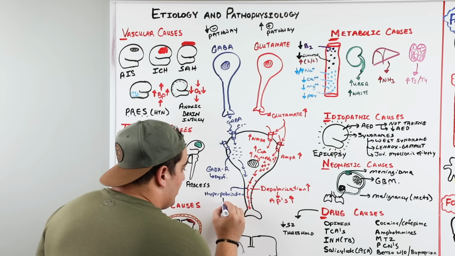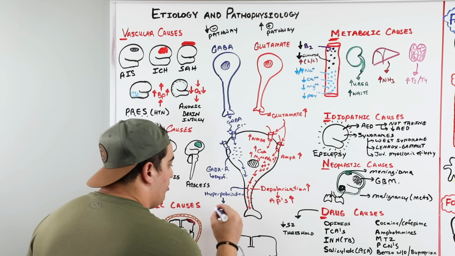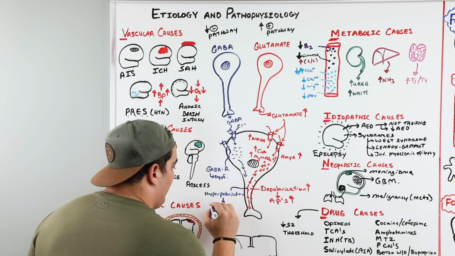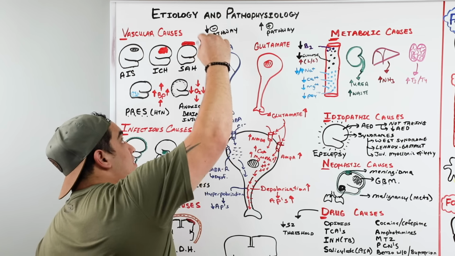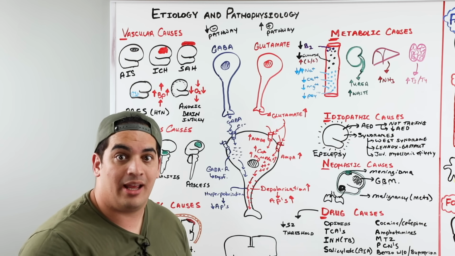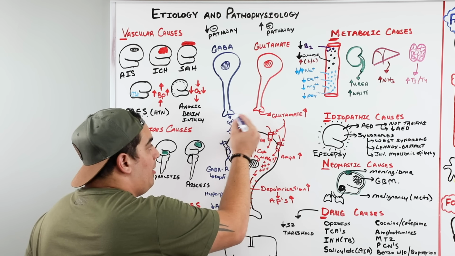Then if you have hyperpolarization, you make the inside of the cell negative, and it's unlikely that action potentials will be triggered. So you'll have decreased action potentials, right? Now, think about this. If there's a decrease in the GABA pathway, or that inhibitory pathway, even though GABA may be present at normal levels, there's decreased reaction of these GABA receptors to GABA.